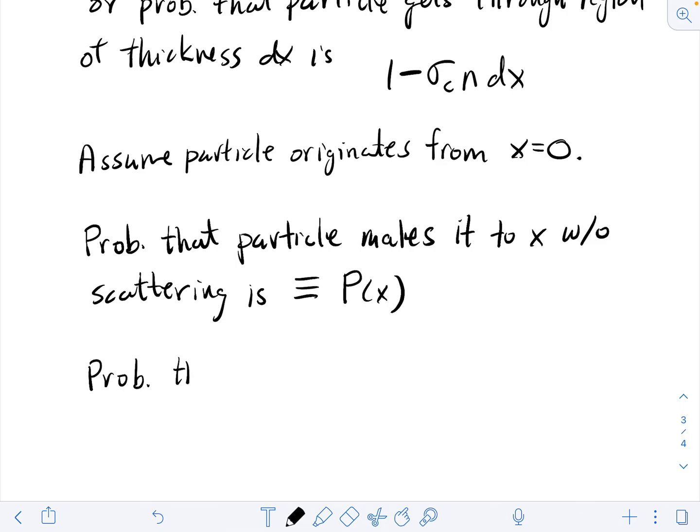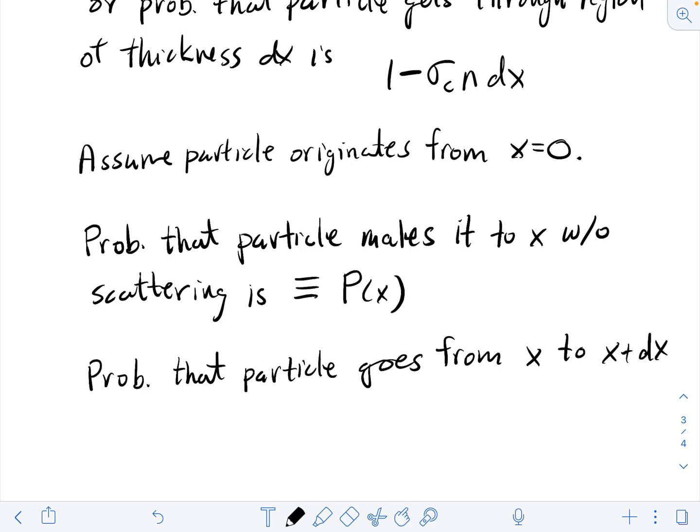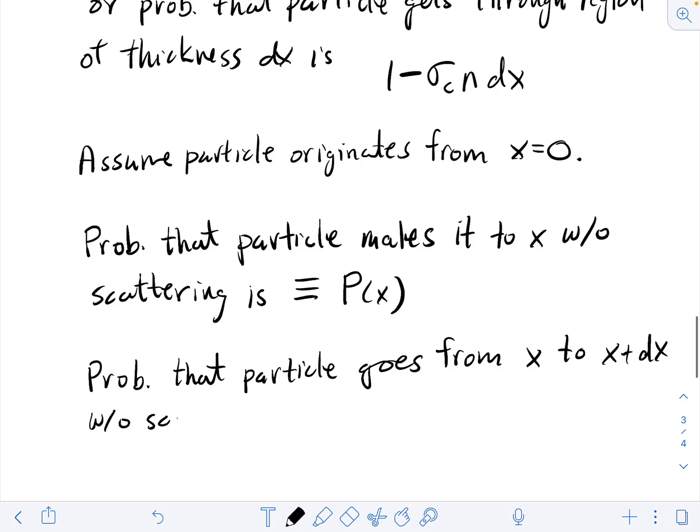The probability that the particle goes from x to x plus dx without scattering is, if we had a particle starting at x, the probability that it makes it to x plus dx without scattering is what we just calculated above. It's 1 minus the scattering cross-section, the number density of particles, times the thickness of the slab.